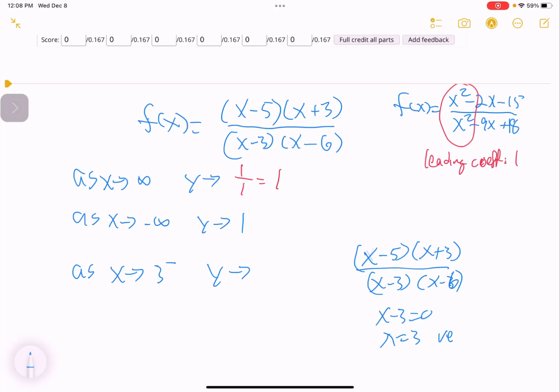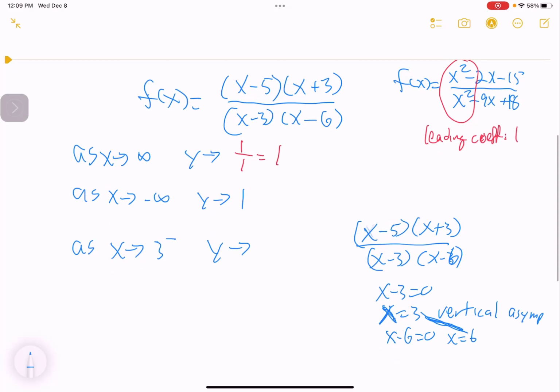This is a vertical asymptote. This is a place where the denominator is 0, so it's not defined at that point. But as it approaches it, it's going to be interesting. And x minus 6 equals 0 means x equals 6, which is also a vertical asymptote. So both of these are vertical asymptotes.